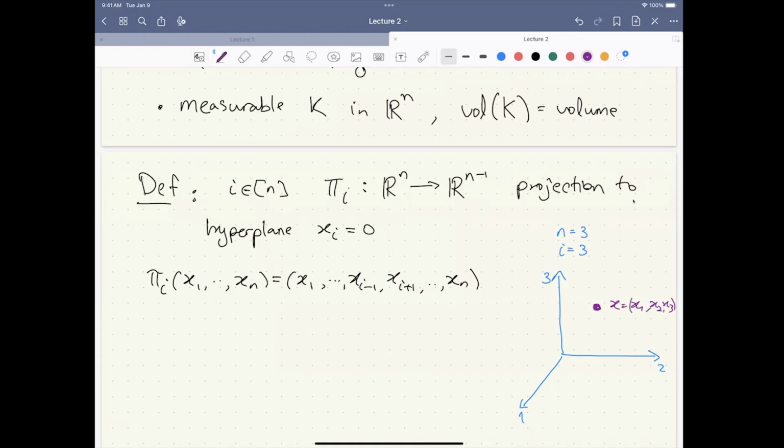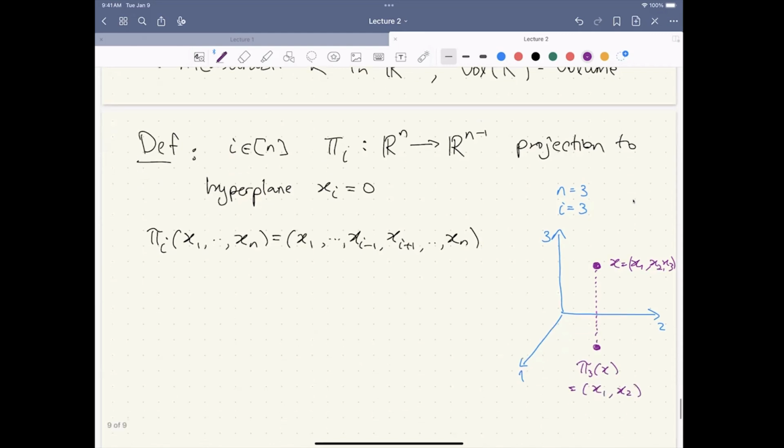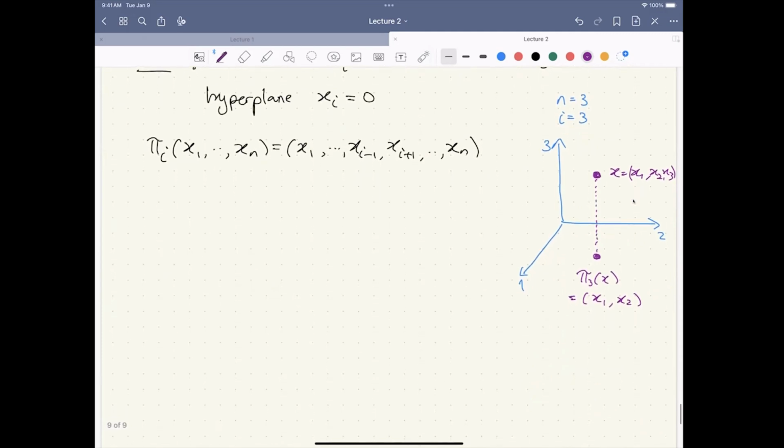You get projected down after pi_3, which is just x_1 and x_2. Projected down here.